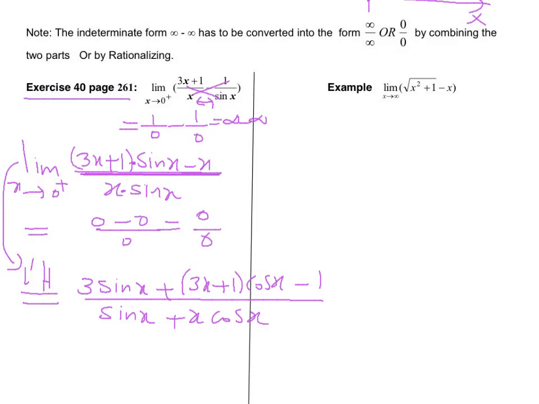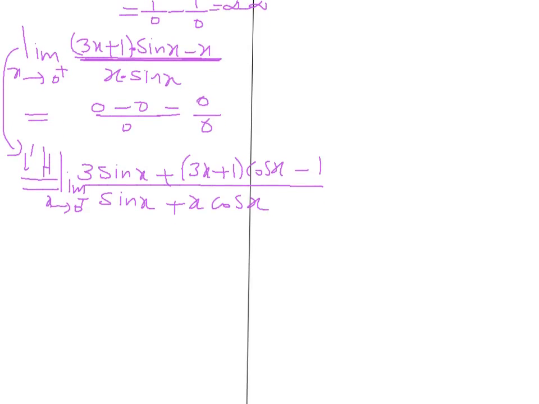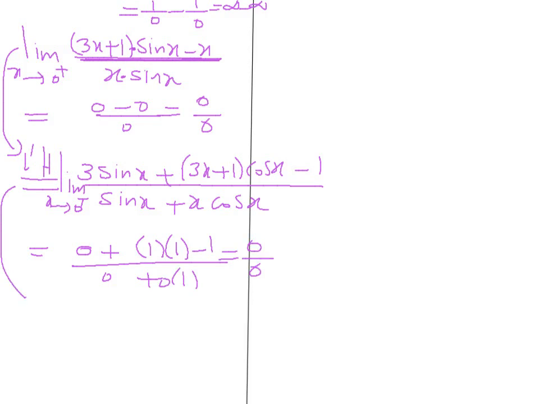And don't forget to write the limit here. This is x goes to 0 from the right. If you try substitution here, this is equal to 0 plus 1 times cosine 0, which is 1, minus 1. This is 0 plus 0 times 1. It's again 0 by 0, which means you have to apply the rule again.